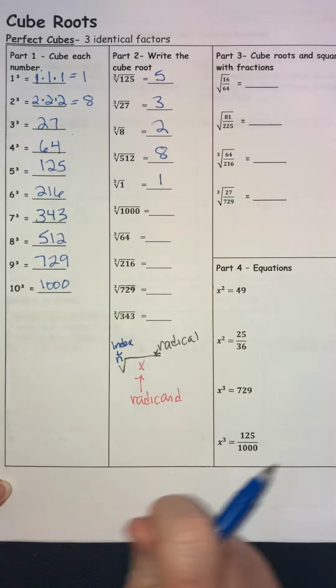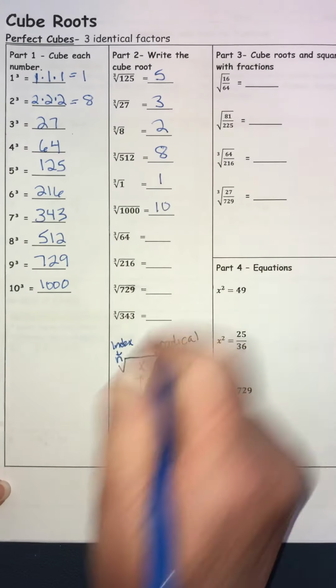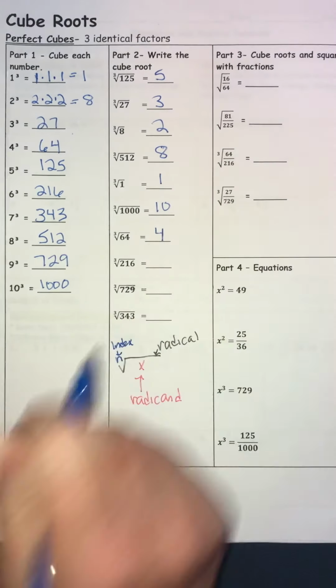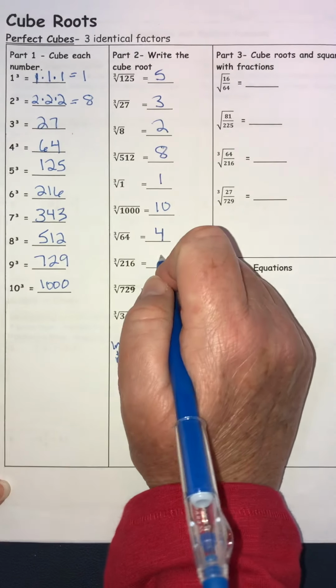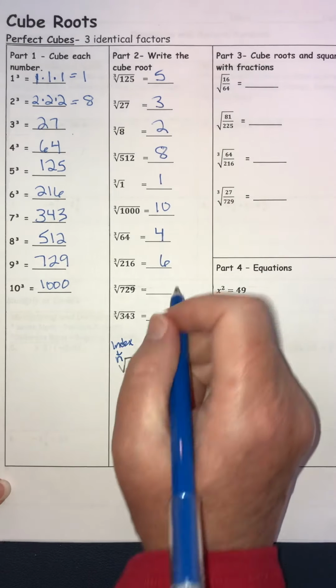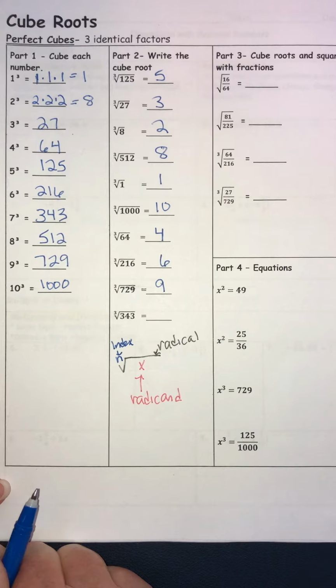We know that's 1. Cube root of 1000 is 10. Cube root of 64 is 4. Cube root of 216 is 6. Cube root of 729 is 9. And cube root of 343 is 7.